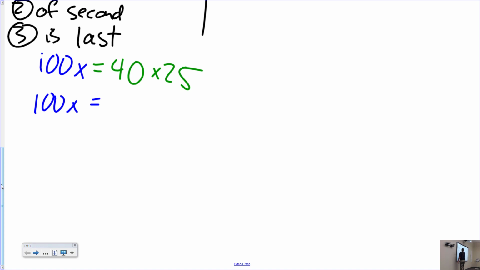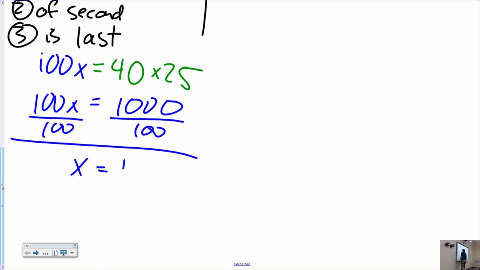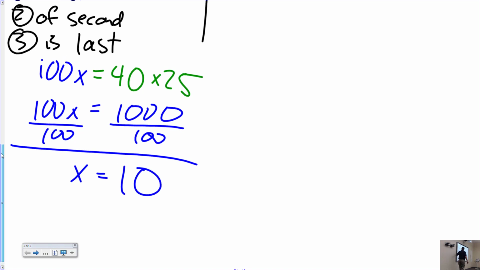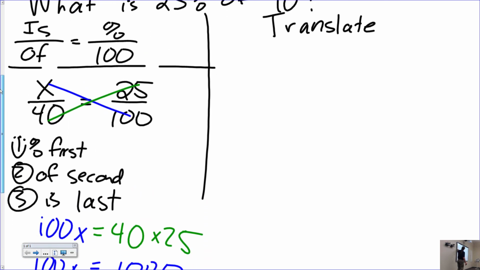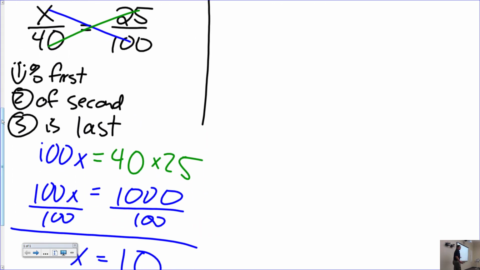So 100x equals 1,000 divided by 100. X is 10. And so when you write it up there, 10 is 25% of 40, which should make sense. All right? That is one standard technique.